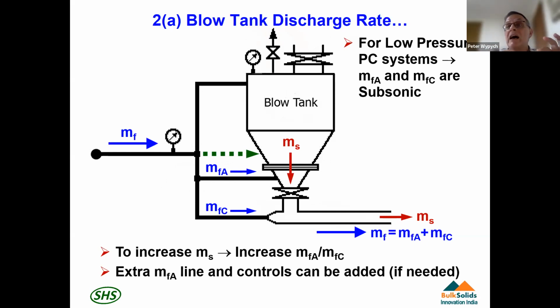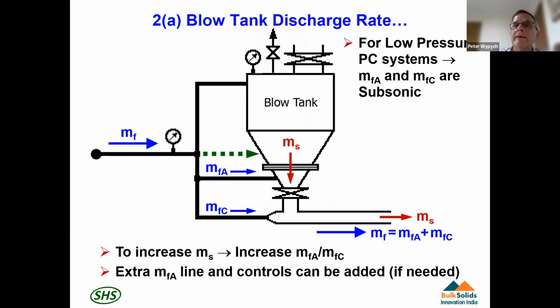So those airflows are dependent on whatever resistance or back pressure can be seen in each of those respective lines. So when you initially pressurize, discharge, and at end of cycle, those resistances will change, and who knows what those airflows will be. In other words, the aeration air, which is important here to achieve a certain discharge rate, will change during your cycle.